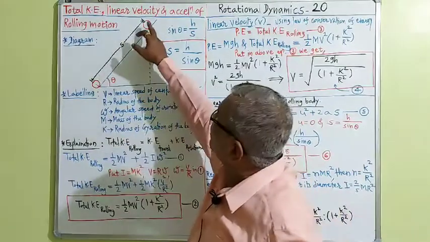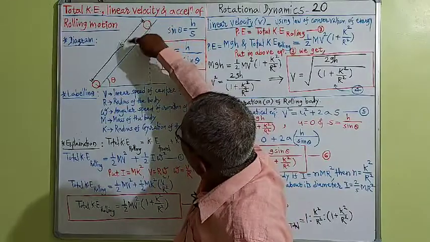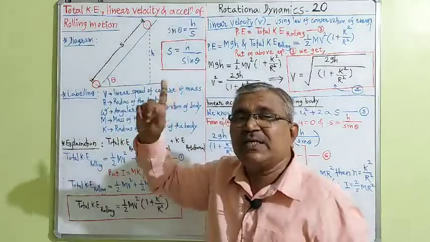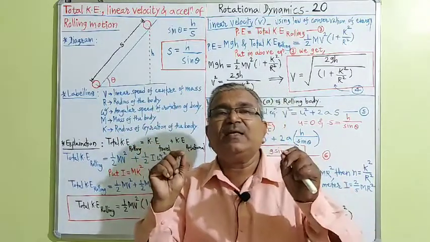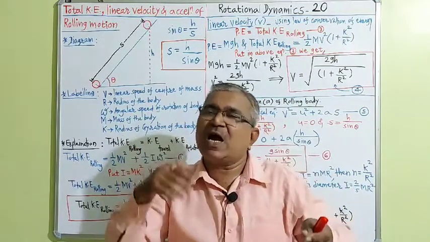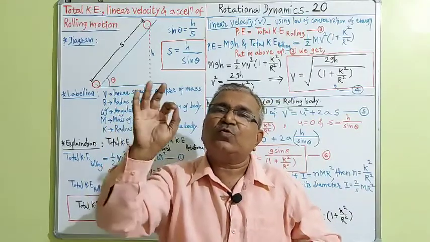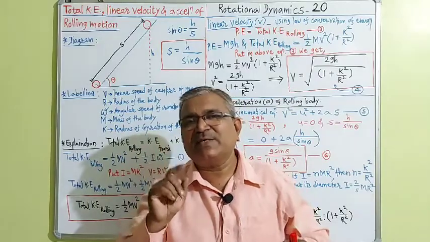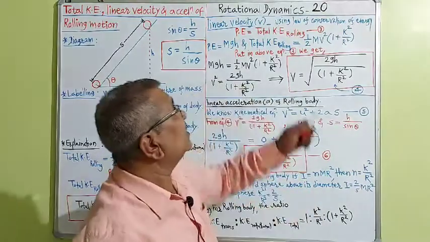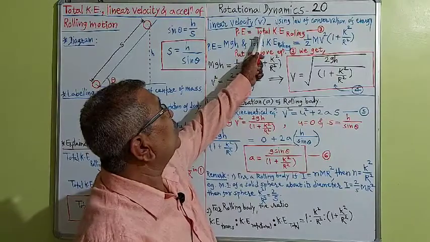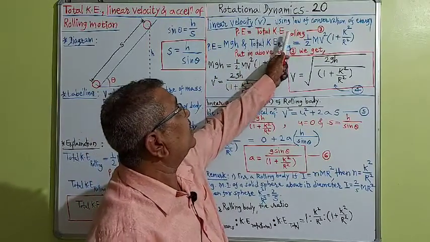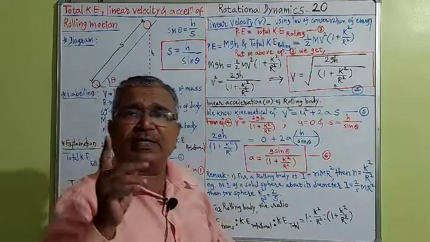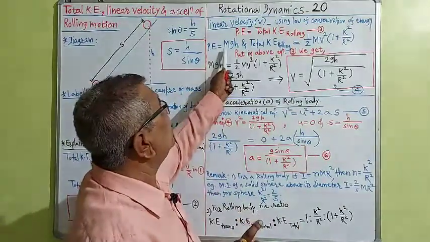When the body starts rolling from top to bottom like this, making a displacement, at that time potential energy starts converting into rolling kinetic energy. And because of this, I have written here, dear student, potential energy is equal to total kinetic energy of rolling body.